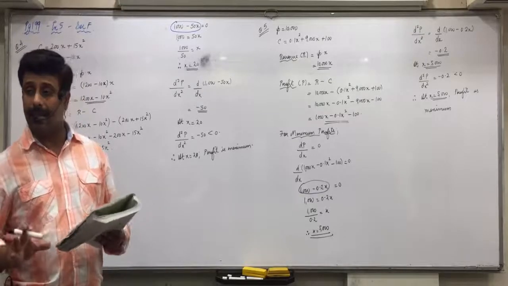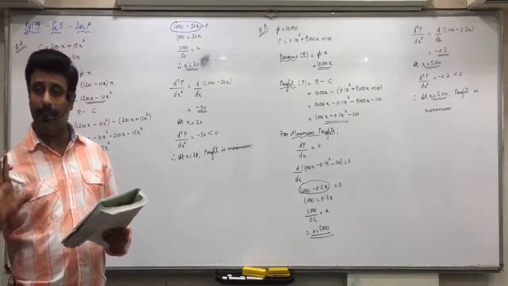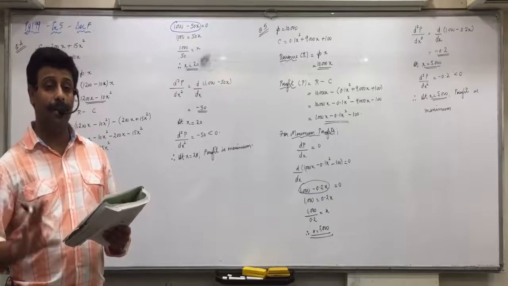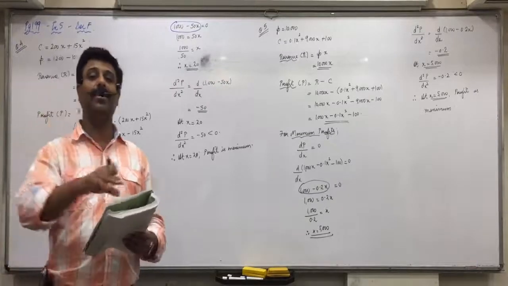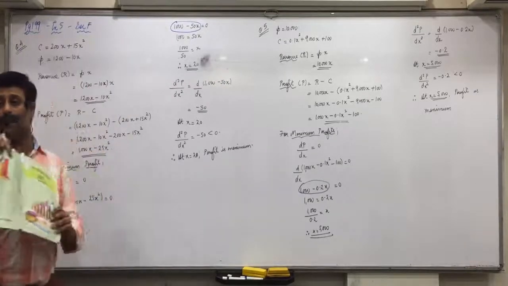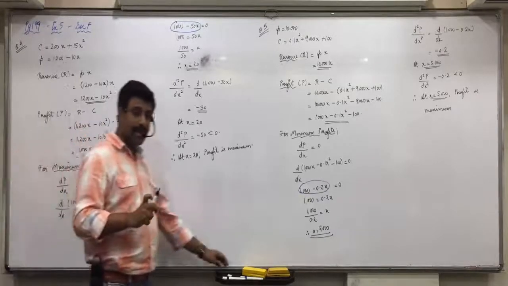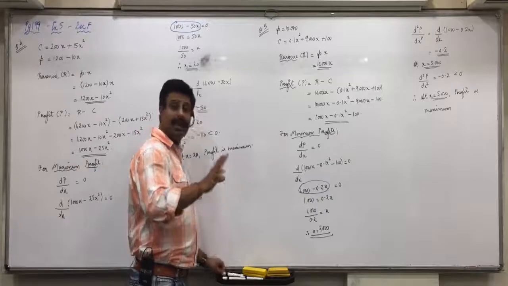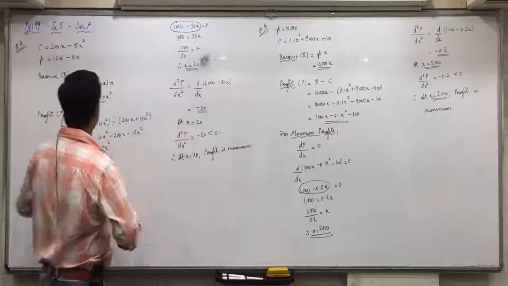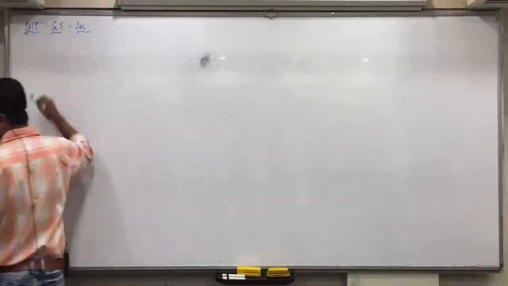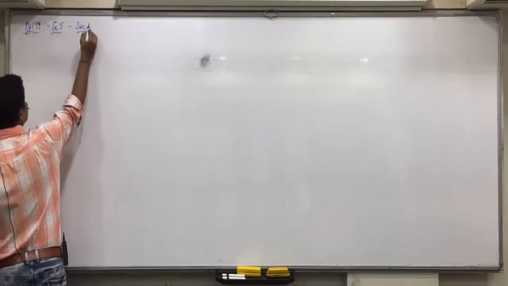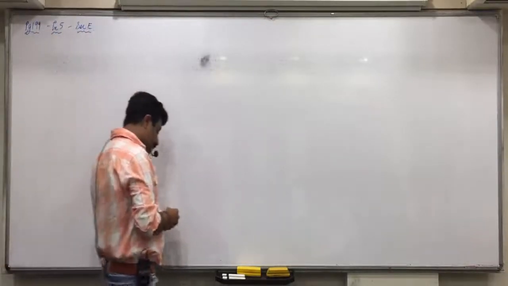At what production is the profit maximum? First of all, x is asked. Then also find this maximum profit. So here we have to put this value of x in the profit function also. Did you understand this? The profit function is directly given. So let us solve this. Page 199, section E, question 11.